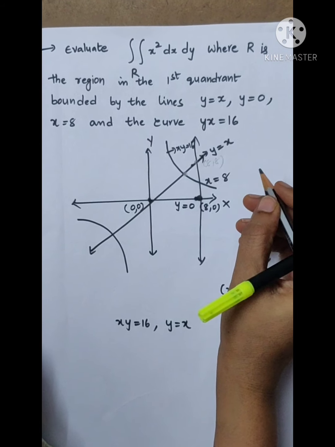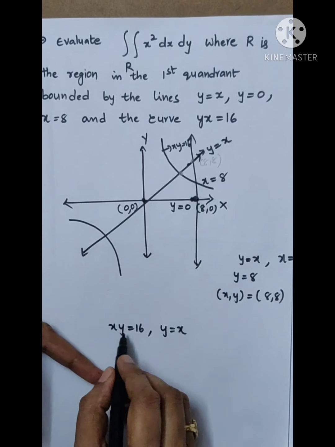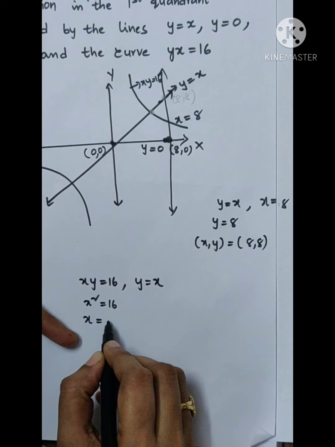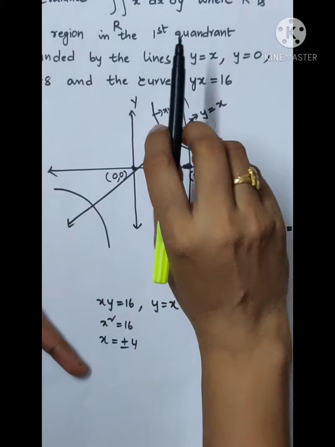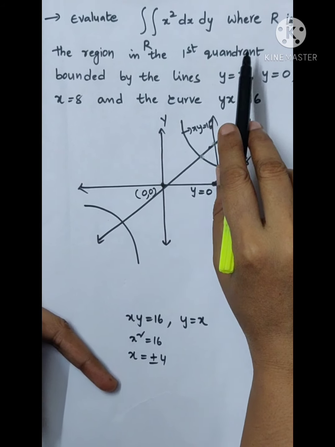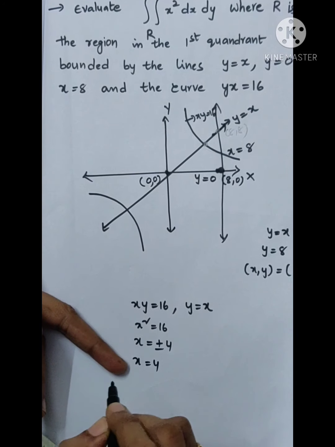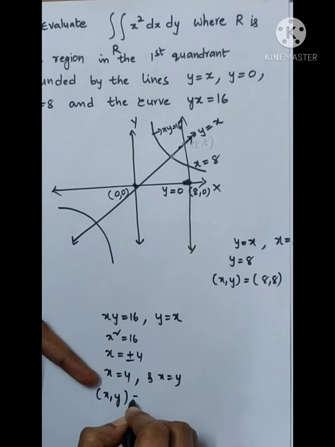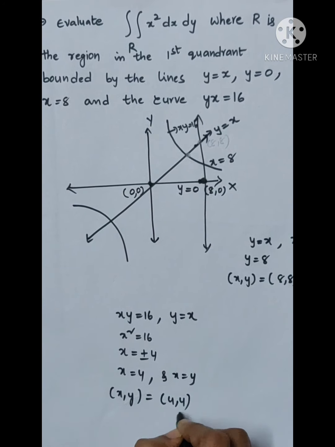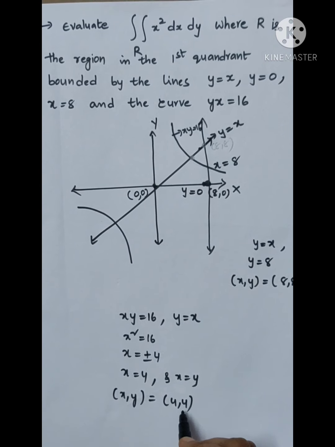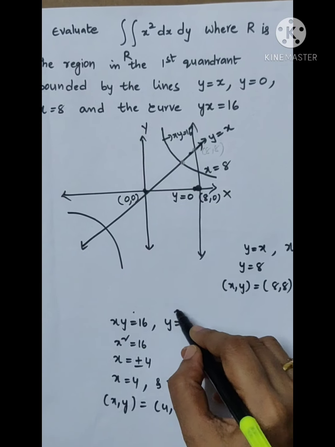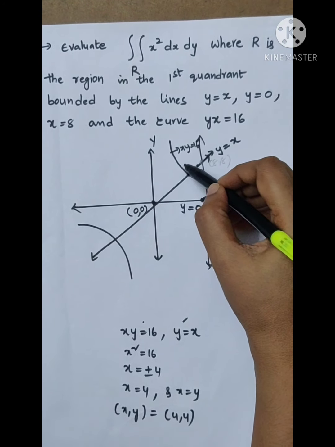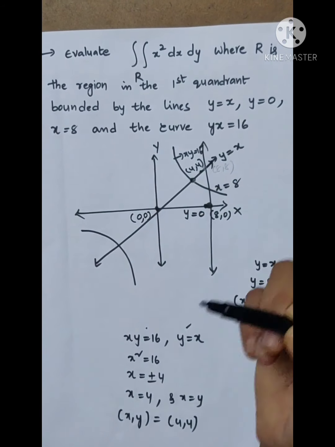Solve these two: substituting y equal to x, we get x squared equal to 16, x equal to plus or minus 4. R is the region in the first quadrant, so we take only positive, x equal to 4 and here x equal to y. So the intersecting point is 4 comma 4.